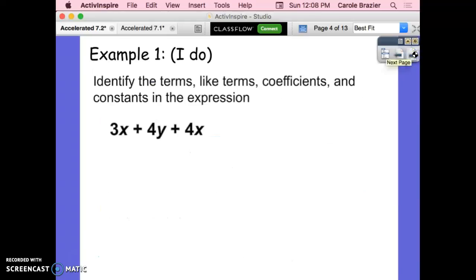Okay, so looking at this, it's going to ask you to identify each of those vocabulary words that you just wrote down in your notes. So if we were to identify the terms in this case would be 3x, 4y, and 4x. Those are each of our terms. They're separated by an operation sign. Okay, we don't have any constants because there is nothing that is not separated from a variable.